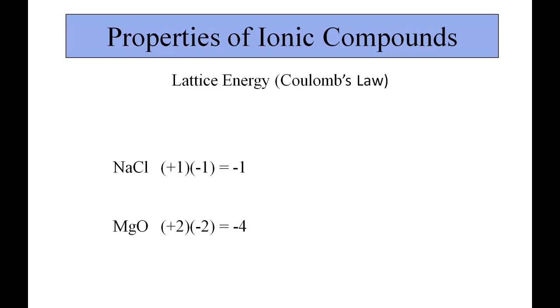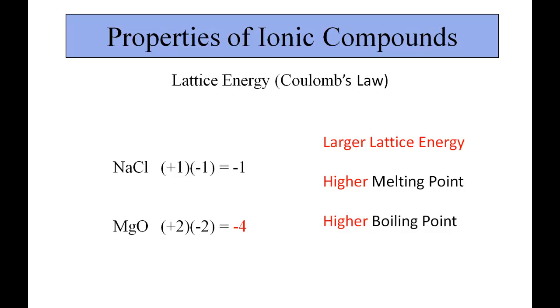There's more physical pull between the two ions, so they must be harder to break apart. So the magnesium oxide, having a -4 for our lattice energy, has a larger lattice energy. It also means, since it's harder to break them apart, it has a higher melting point and a higher boiling point.